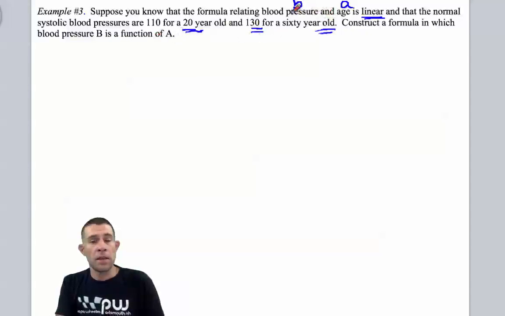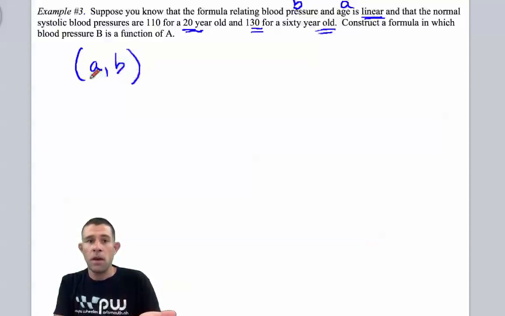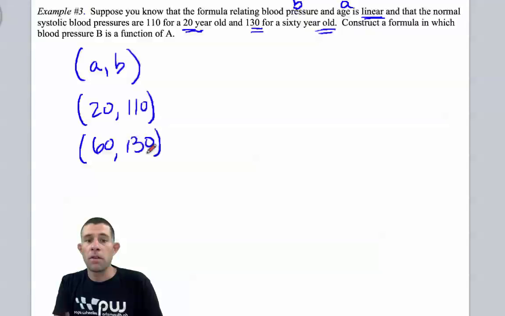Okay, so again, keep in mind B, blood pressure, is our dependent variable, and age, A, is our independent variable. So we're going to write a set of coordinate pairs here that follow this model, age, comma, blood pressure. So for a 20-year-old, we know that our blood pressure is 110. For a 60-year-old, we know our blood pressure is 130. Now this becomes just like the previous problem in which we have 2 points, x1, y1, and x2, y2.